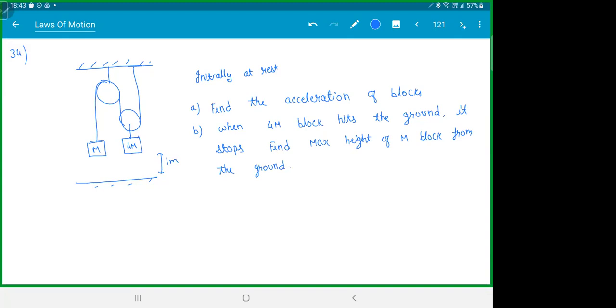Let's get this. Now, net force method doesn't work.